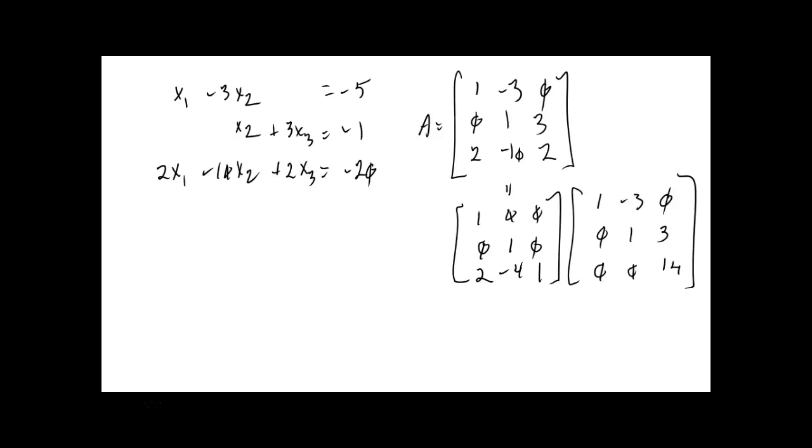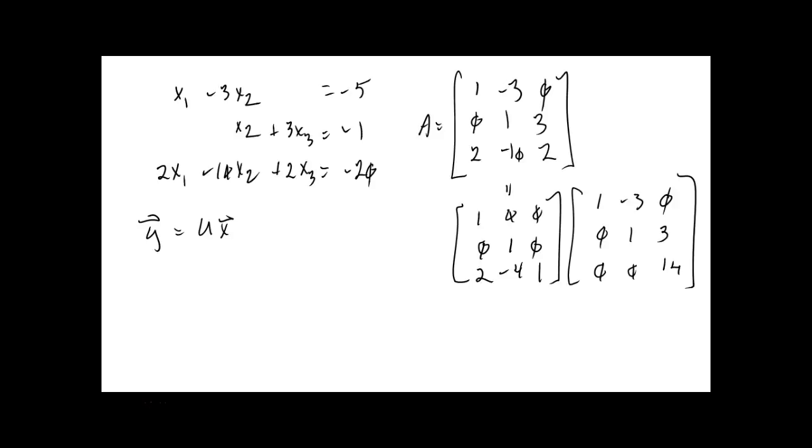Now, what we're going to do, if you go back to step 1, let y, this is a vector y, be equal to Ux. Now, we haven't said what it is.